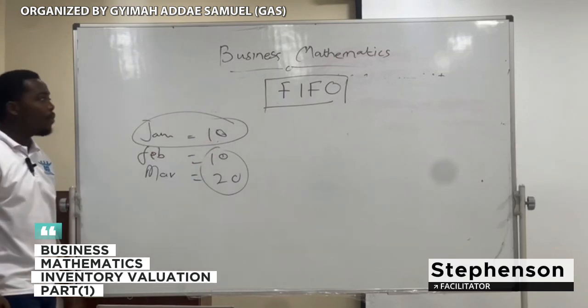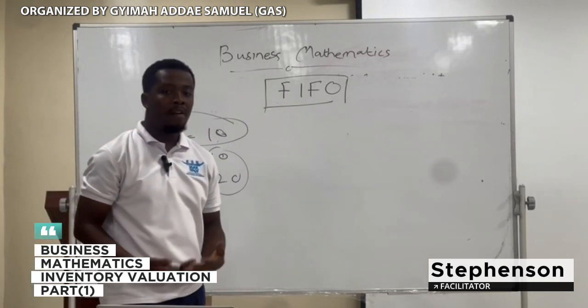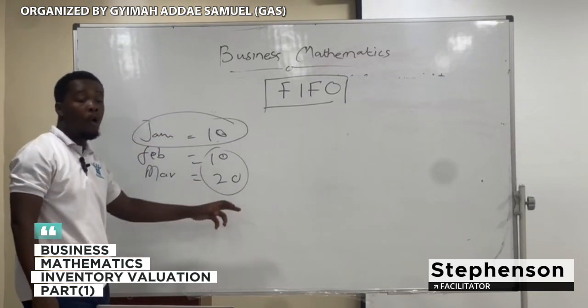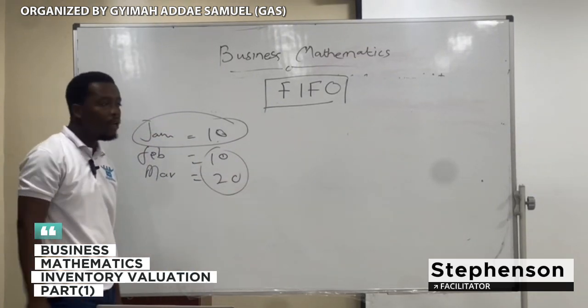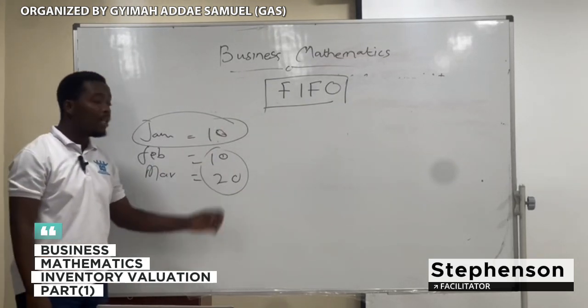Before we started explaining the method, we said inventory is the stock you have at the end of your accounting period, or at the end of a given year. So if you are selling the first ones, you'll be left with the later ones.